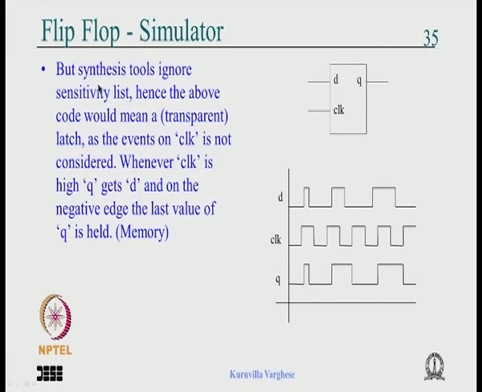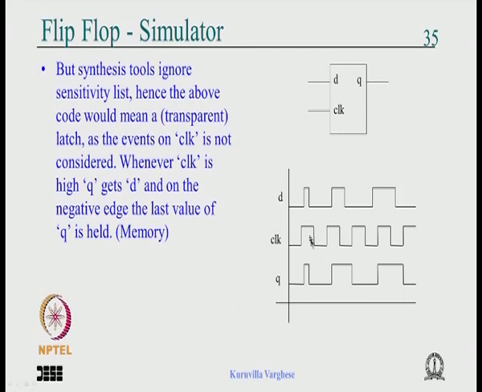Because the synthesis tool ignores the sensitivity list, the above code would mean a transparent latch. The event on the clock is not looked at by the synthesis tool. Whenever clock is high, Q gets D, and on the negative edge it is remembered. So that is what is shown here.